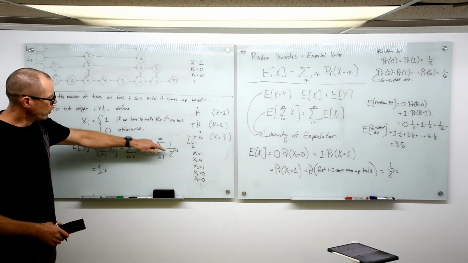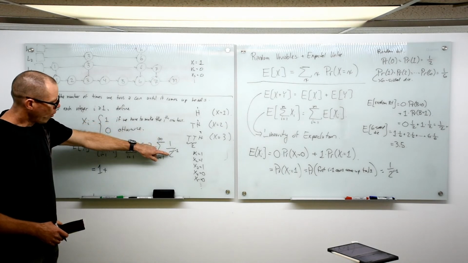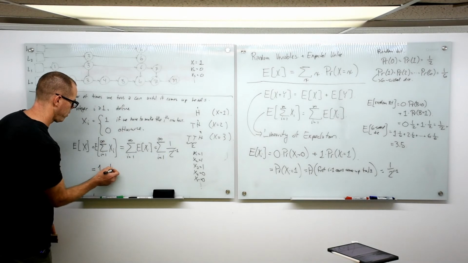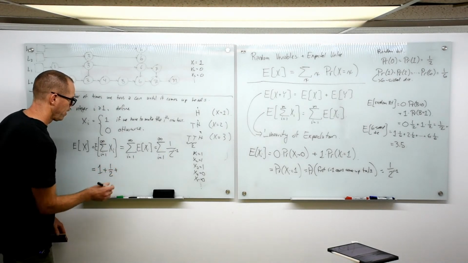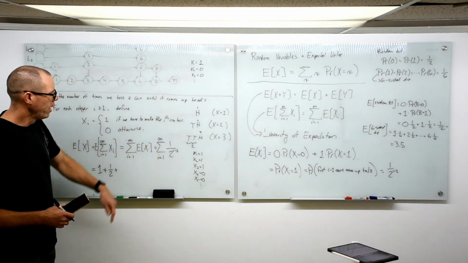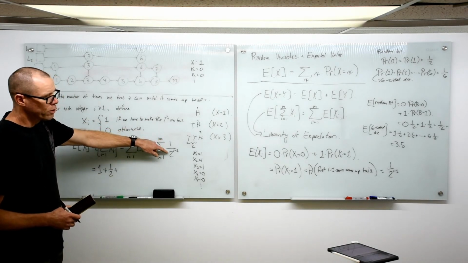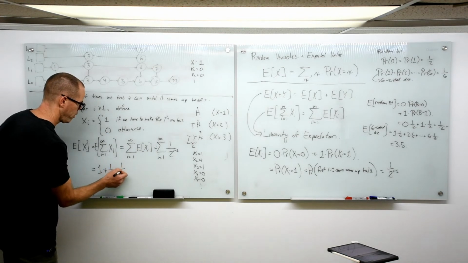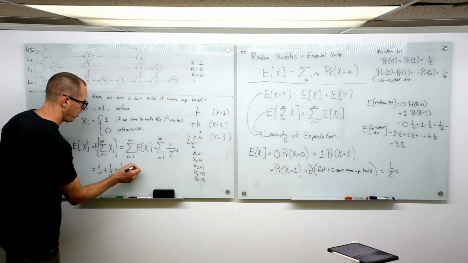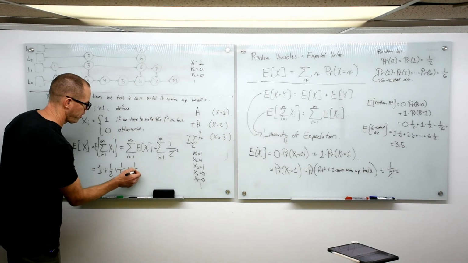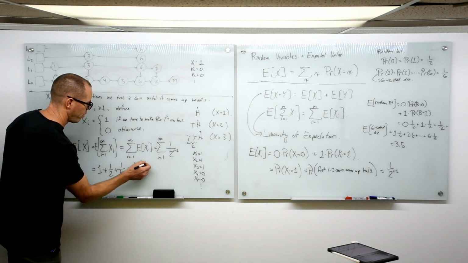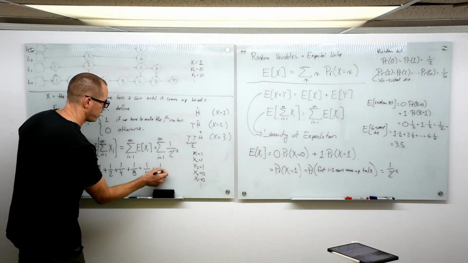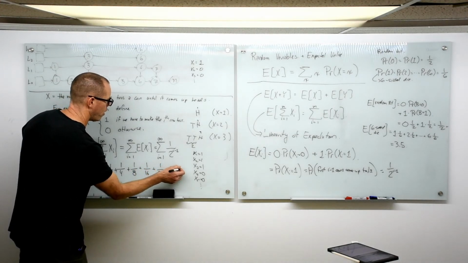When i equals 2, this is 1 over 2 to the 1, so it's 1/2. When i equals 3, it's 1 over 2 squared, which is 1/4. And when i equals 4, it's 1/8, 1/16, 1/32, and so on.